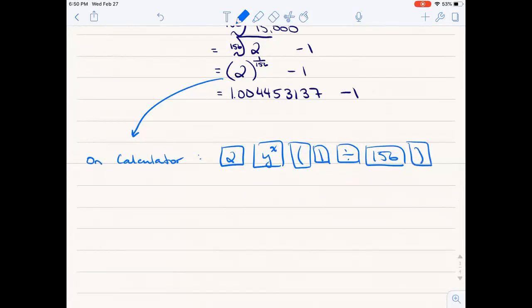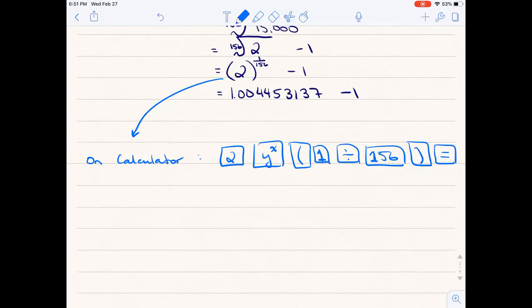Round bracket, and then equals. Some of my buttons are bigger than others. This is a 1. Okay. Hopefully everyone was able to get the 1.0044 whatever.